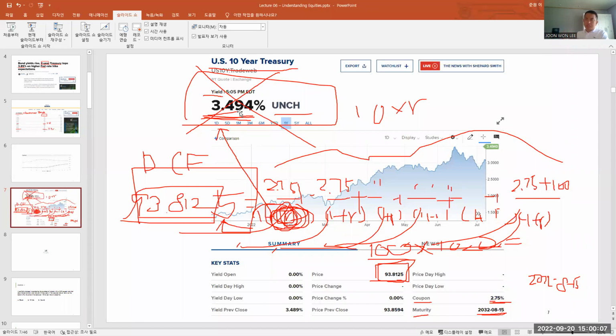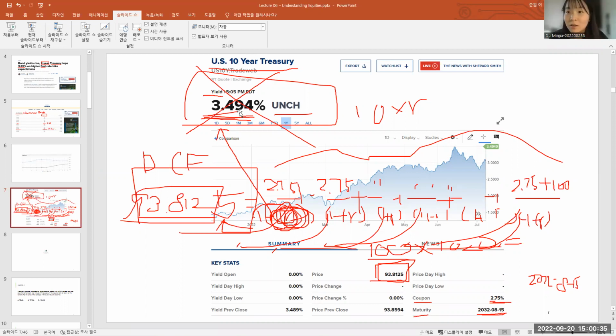It looks a little bit simpler, but as you go deeper and deeper into fixed income, things are really complicated. But anyway, this is the way to understand the concept of yield to maturity. Any questions?